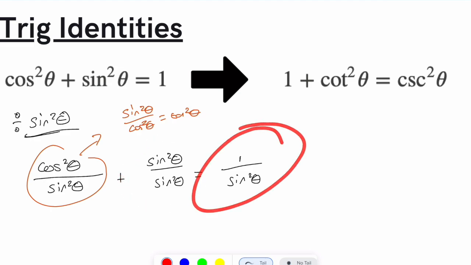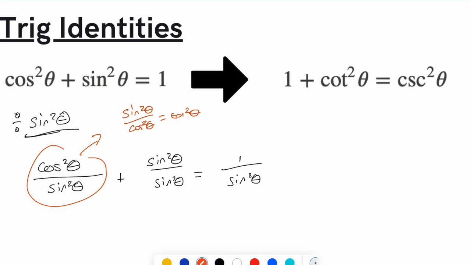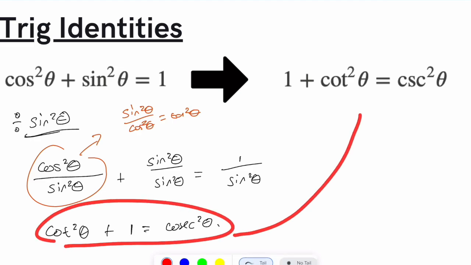And then here we've got 1 over sine squared theta, which equals cosec squared theta. So therefore, it's going to equal cot squared theta plus 1 is equal to cosec squared theta, which obviously rearranges to be exactly the same here.